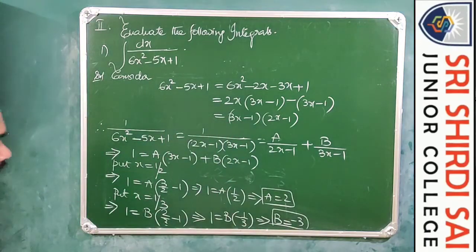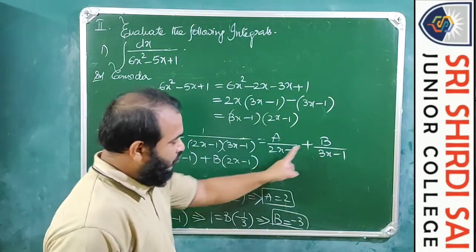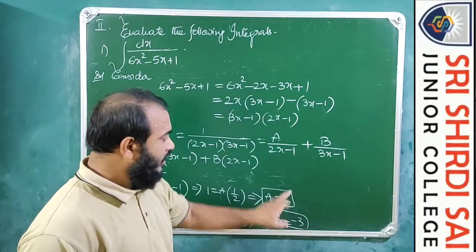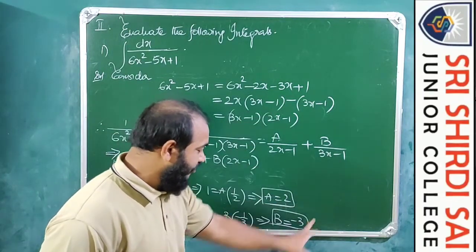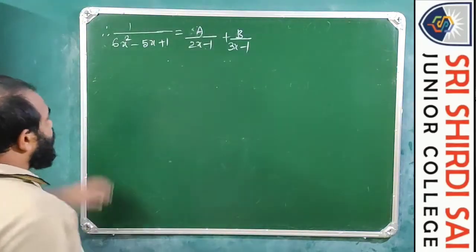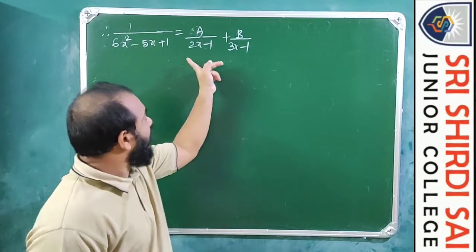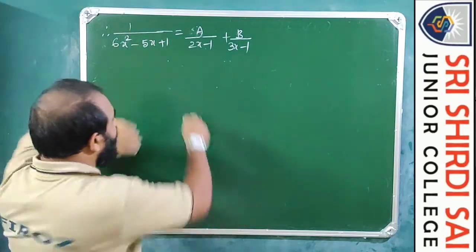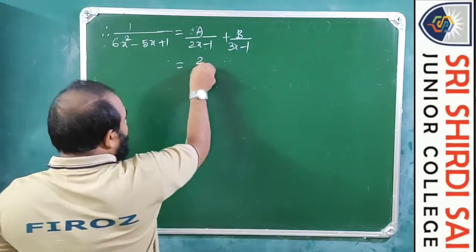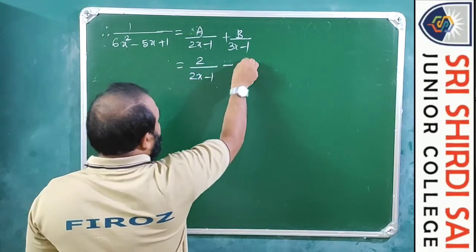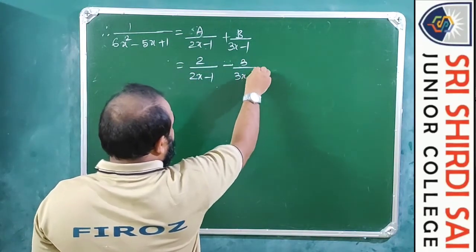Therefore, a by 2x minus 1, b by 3x minus 1. In the place of a, we will write 2, and in the place of b, we will write minus 3. So 1 by 6x square minus 5x plus 1 is equal to, as we have written earlier, a value we have found to be 2 by 2x minus 1, b value is minus 3 by 3x minus 1.